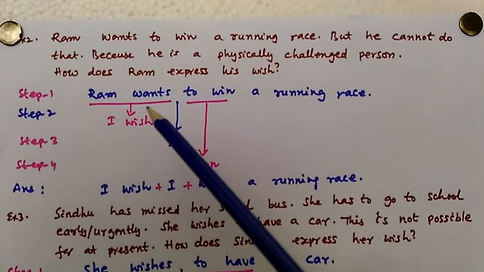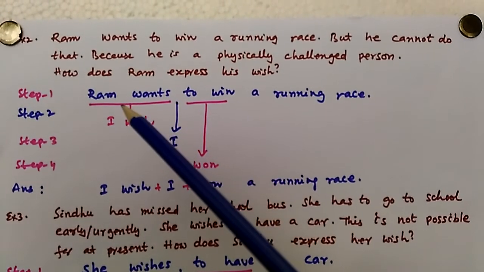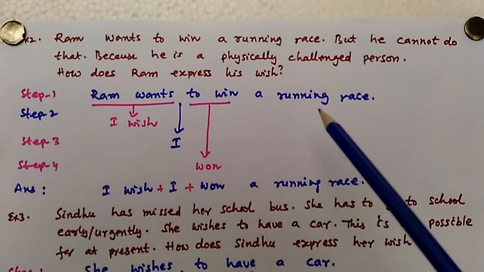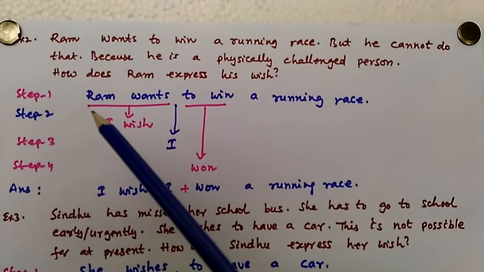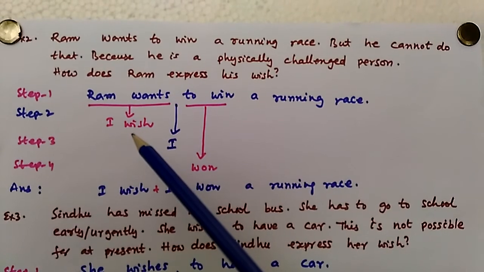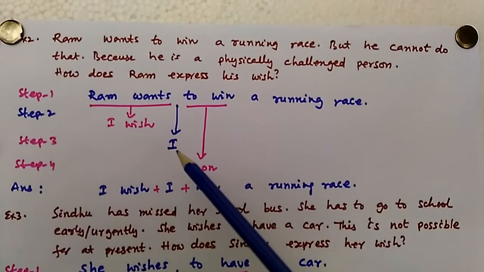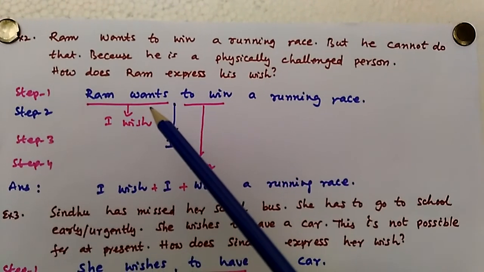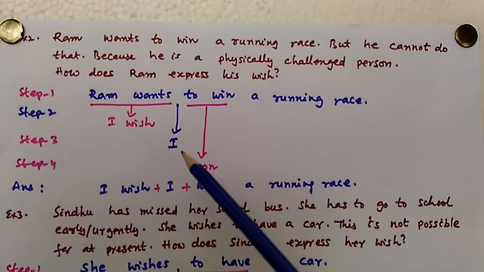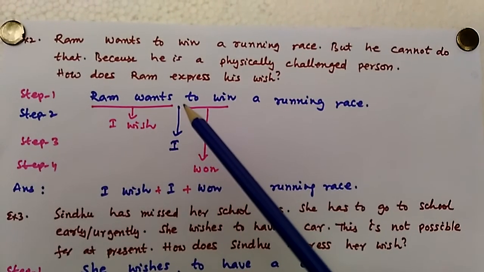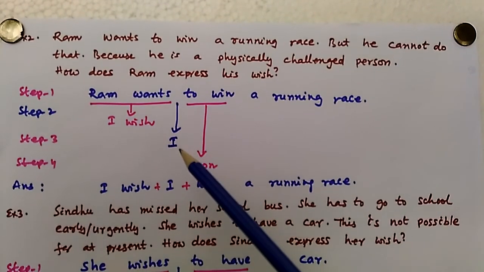Step 1. Locate the wish carrying sentence. The wish carrying sentence is Ram wants to win a running race. The second step is we have to remove from Ram to wants and write I wish. And in the third step, whenever there is no subject between wants and to, we have to write the subject I. If any subject had been there between wants and to, we would have written the same here.